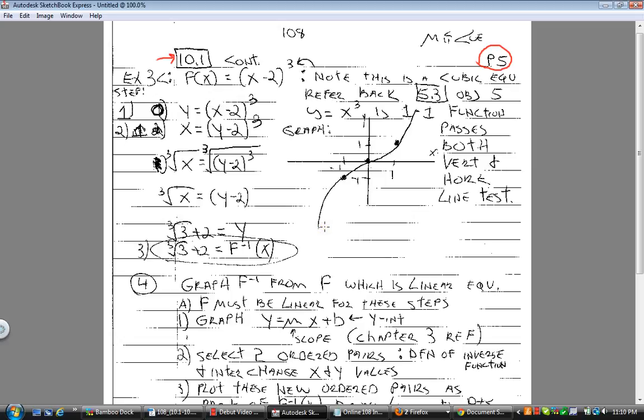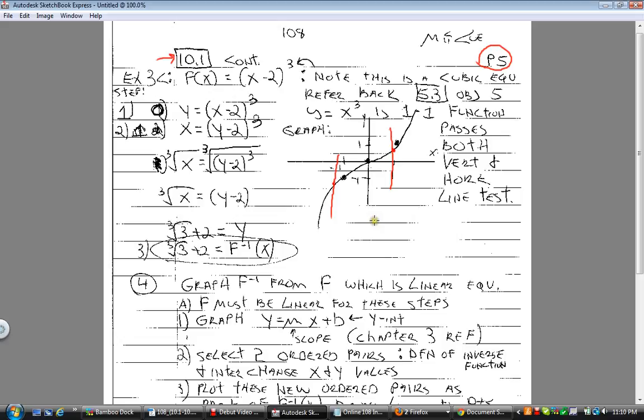So we're going to go ahead and begin and draw ourselves a couple vertical line tests. And as I draw them, I'm crossing the graph of the cubic function one time, and it looks like we do pass the vertical line test, so we can safely say y equals x cubed is a function.